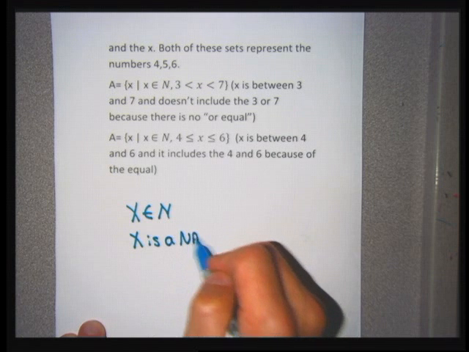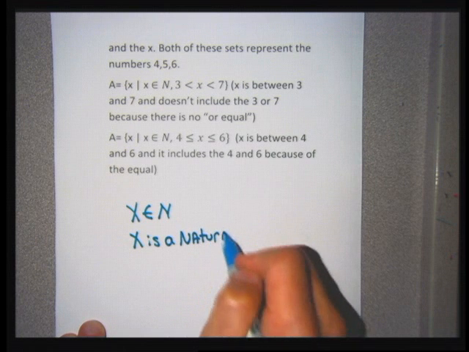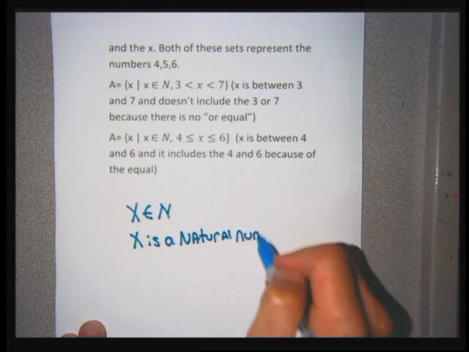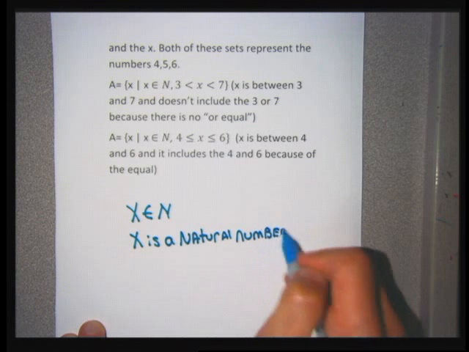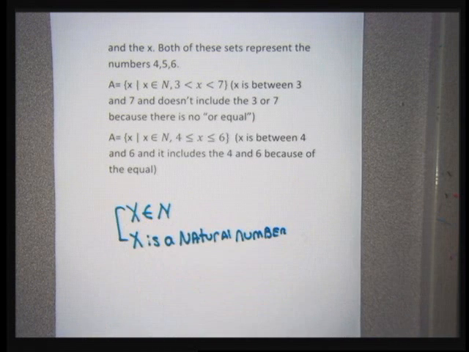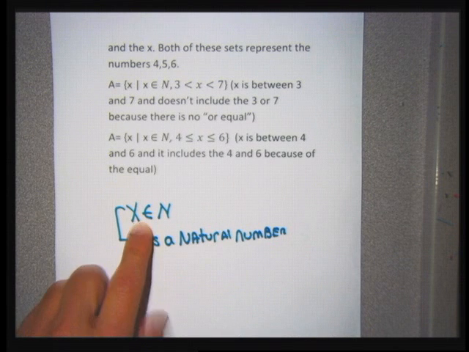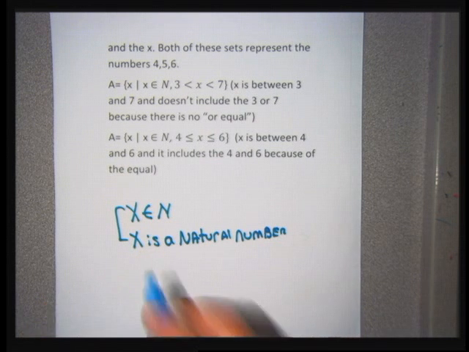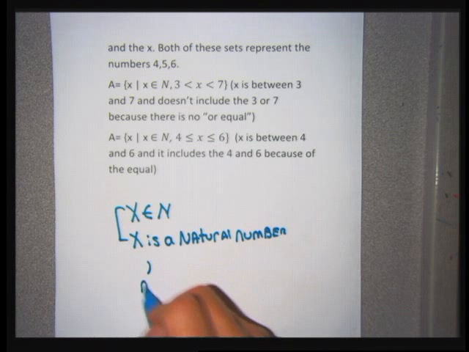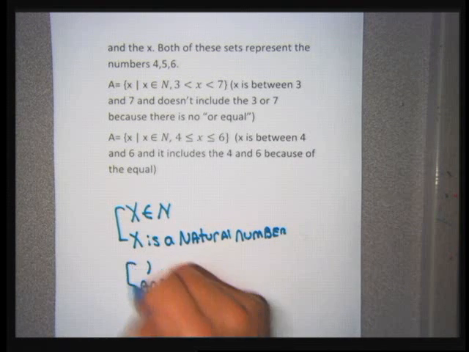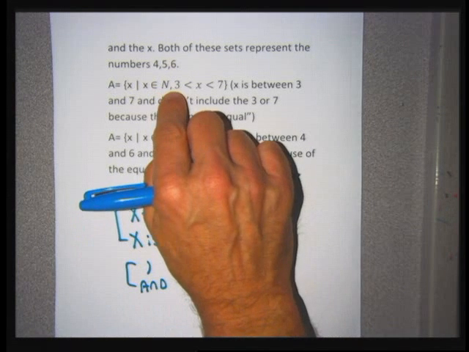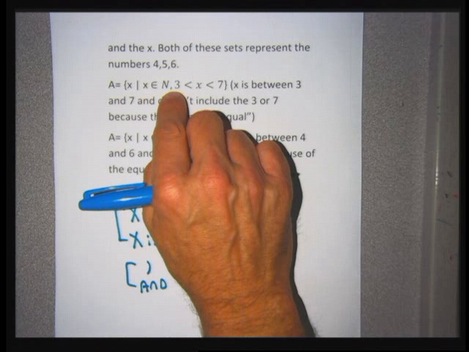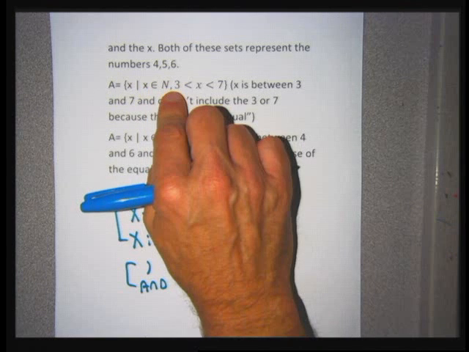That would be equivalently correct. So these symbols are interchangeable. If you tried to make an answer, and instead of using the shorthand x as an element of natural numbers, you use the words x is a natural number, that would be fine. Similarly, my comma and the word and are interchangeable. So in my answer, I have a comma, not the word and. So in these parts, there's a little flexibility.